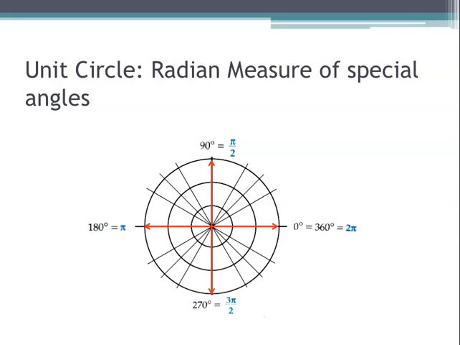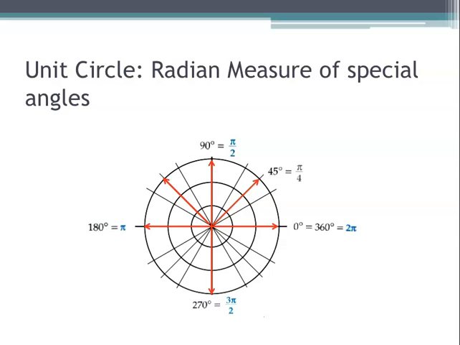Now we're going to do those special angles that you have memorized: 30 degrees, 45 degrees, 60 degrees. Right halfway in between is the 45-degree angle, which in radians is pi over 4, since half of pi over 2 is pi over 4. We'll do all the ones that relate to 45 degrees.